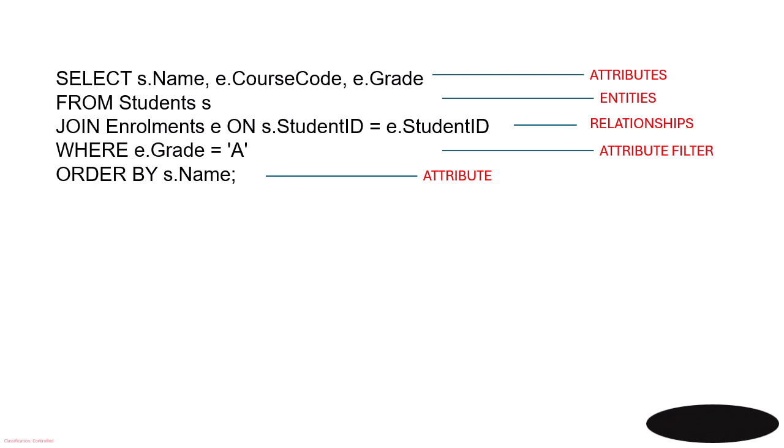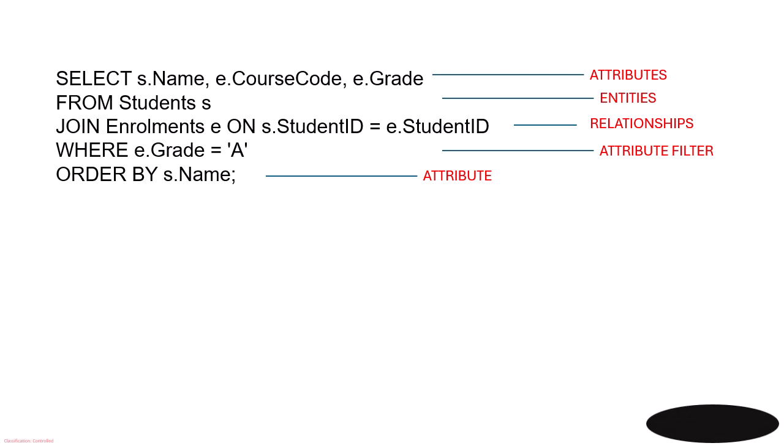But you don't have course code and grade in the students. So what you need to do is join it with a different entity, which is enrollments. And then you need to link these two entities with a relationship, which is the student ID in students equal to student ID in enrollments.